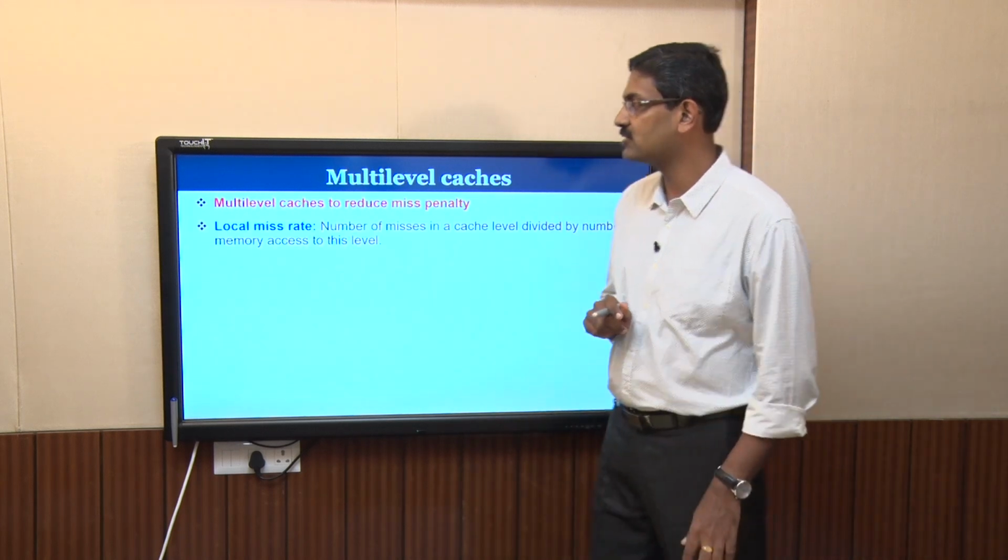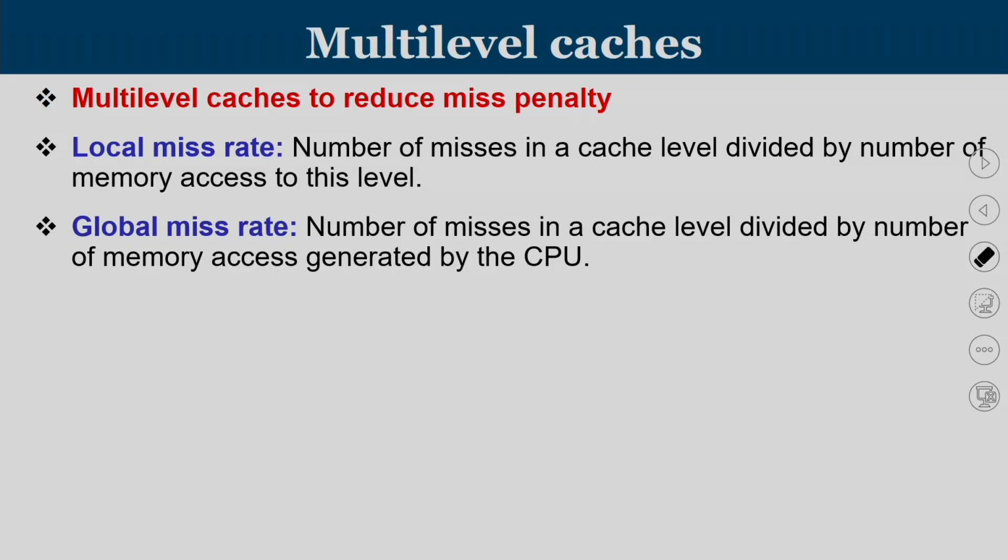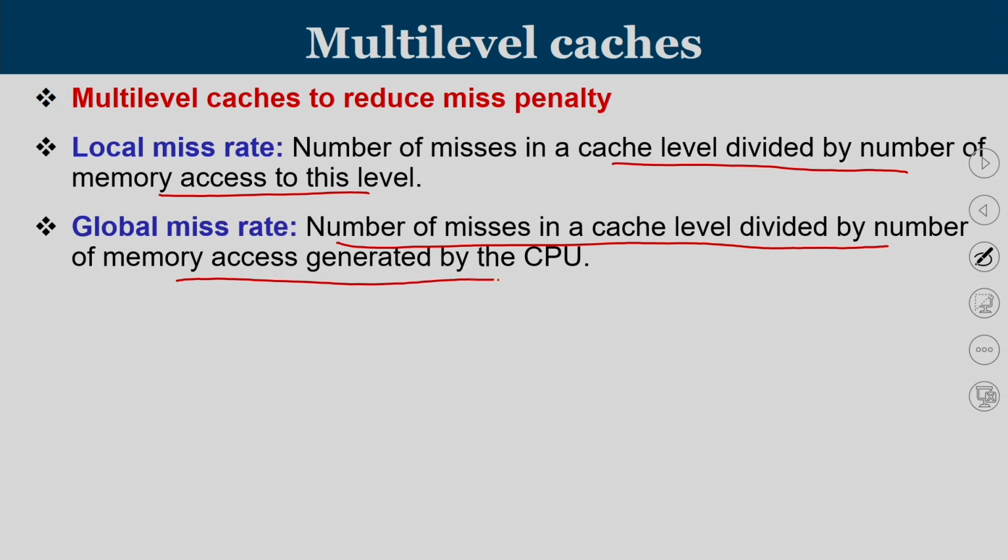The first parameter is the local miss rate and the second parameter is the global miss rate. Local miss rate is defined as the number of misses in the cache level divided by the number of memory accesses to this level, whereas global miss rate is defined as the number of misses in the cache level divided by the number of memory accesses generated by the CPU.